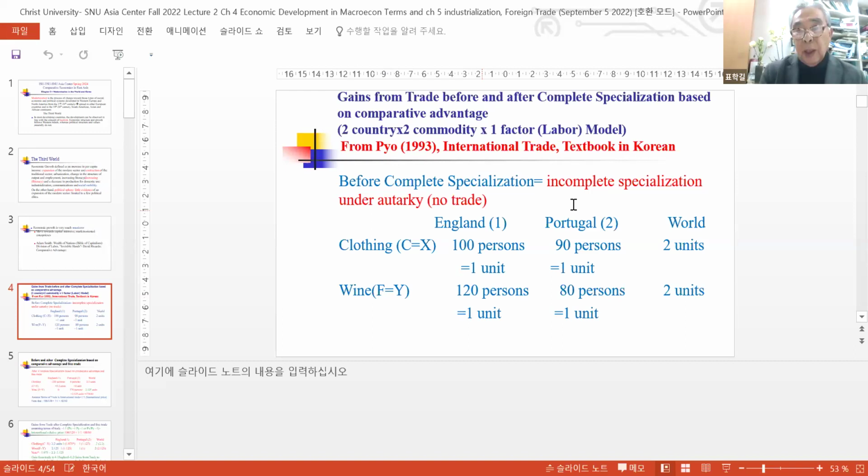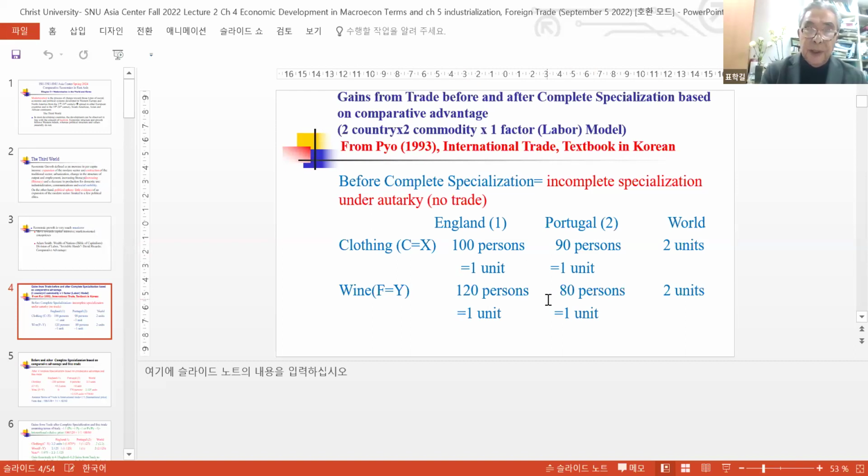How about Portugal? 90 persons are required to produce clothing. Only 80 persons are required for wine. So Portugal's opportunity cost of producing clothing is higher than England's opportunity cost of producing clothing. Opportunity cost for England is 100 divided by 120, but Portugal is 90 over 80.